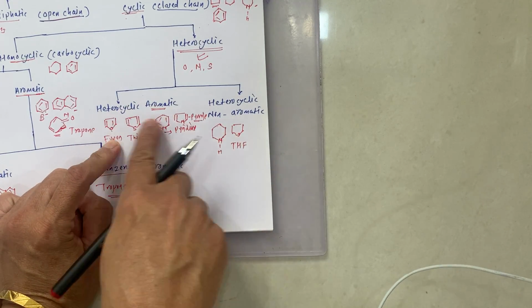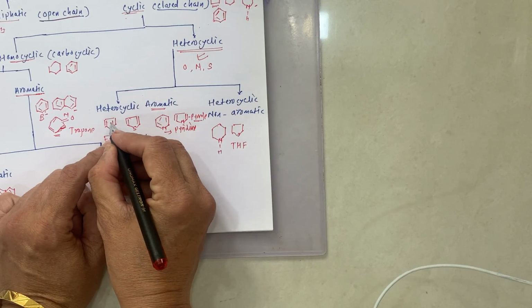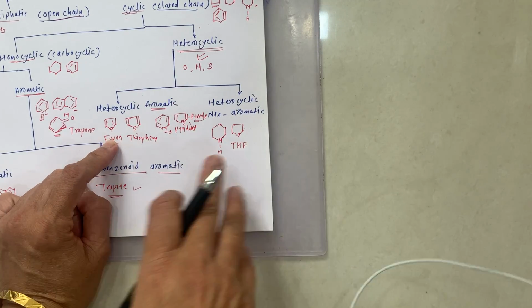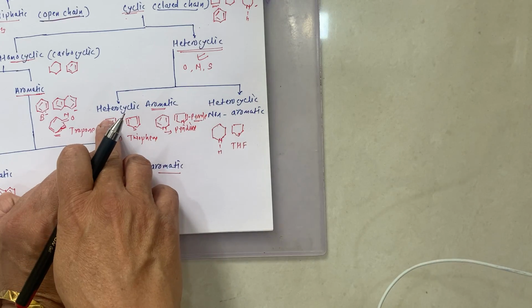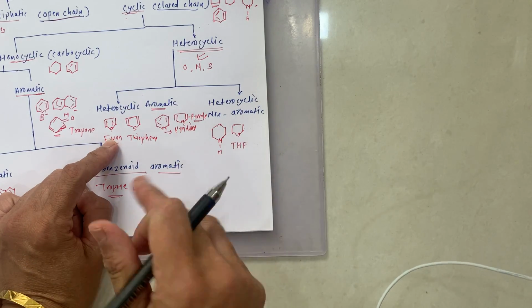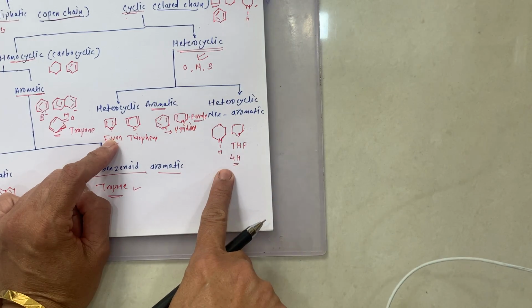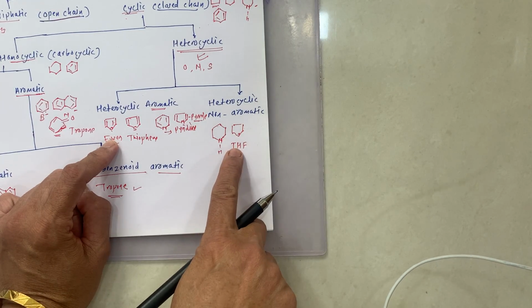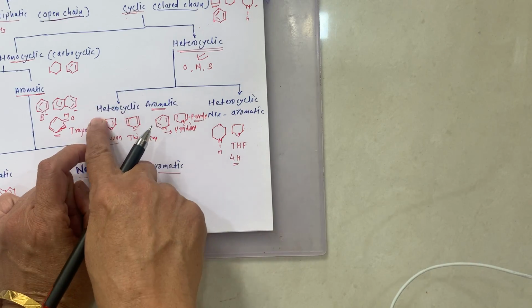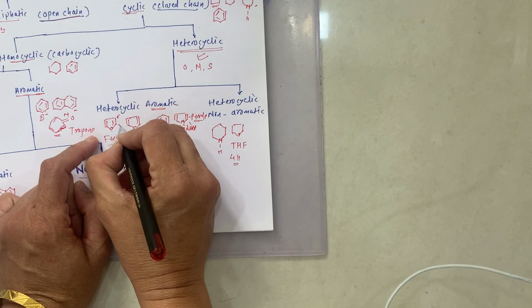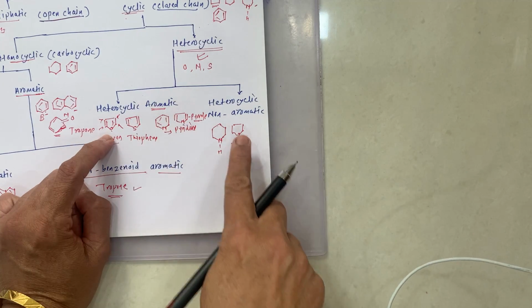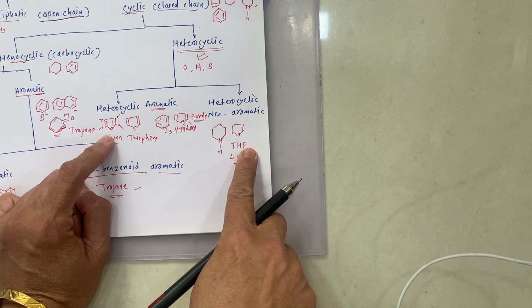What is the difference between these two? See, here it is a double bond. Now here it is only single bond. When a double bond is converted into a single bond, we need 4 hydrogens here. Means tetrahydro. We added 4 hydrogens like this, here and here, and it becomes tetrahydrofuran.